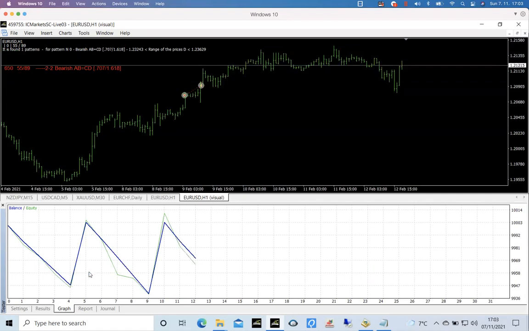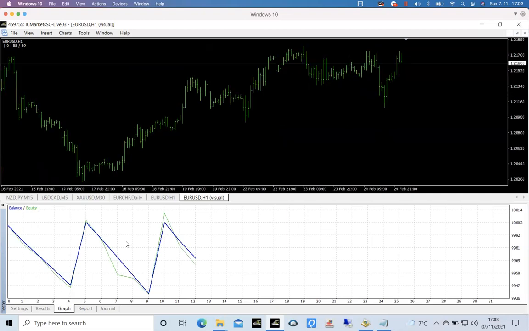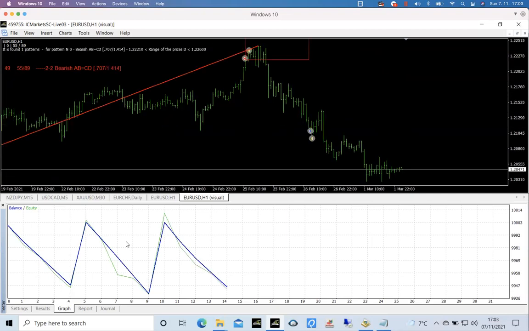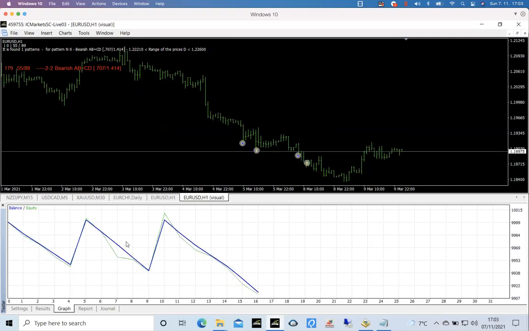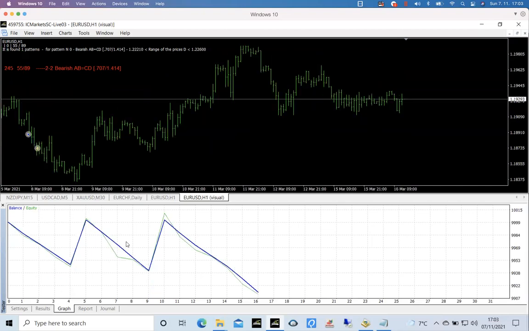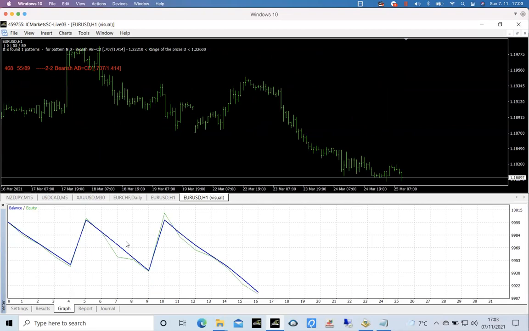And once we have this information, we will also know the average consecutive losses, because these two pieces of information are available in every backtest in MetaTrader 4.